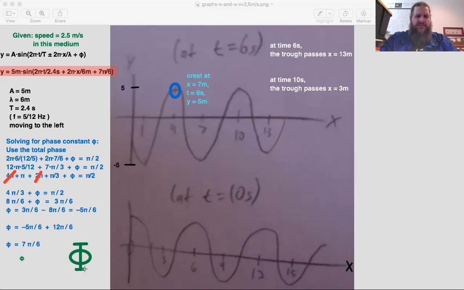If you put in serifs, the bars at the top and the bottom, that makes it a lot more clear that it is a capital phi. So capital phi is the total phase, everything inside the sine function. Lowercase phi without the serifs, and maybe a little smaller, is just the phase constant, the plus a number outside of the t and x terms.